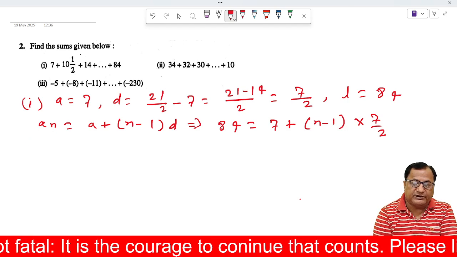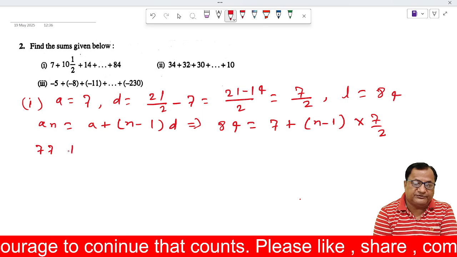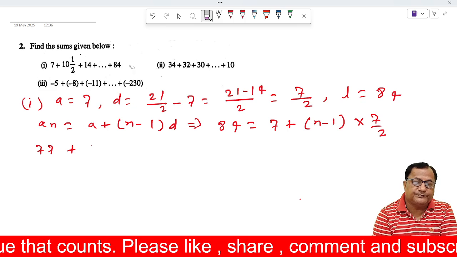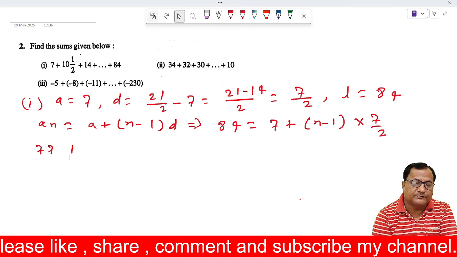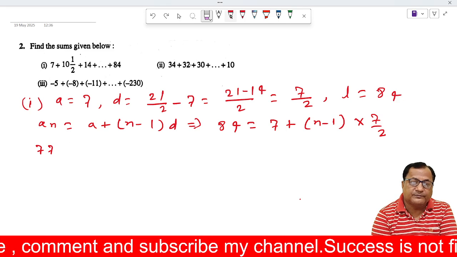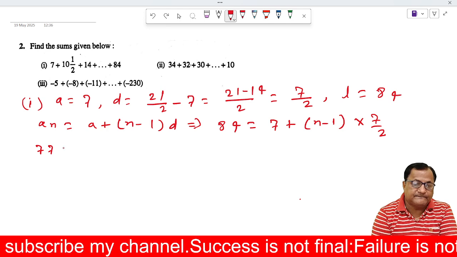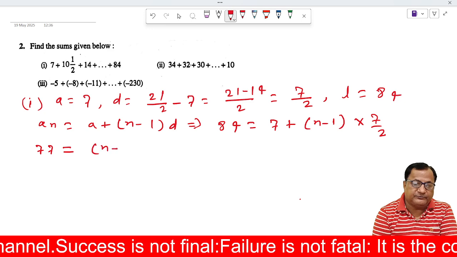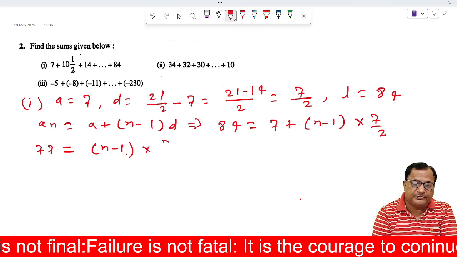If we bring 7 this side, it will subtract from 84, then it will be 77 is equal to N minus 1 into 7 by 2.